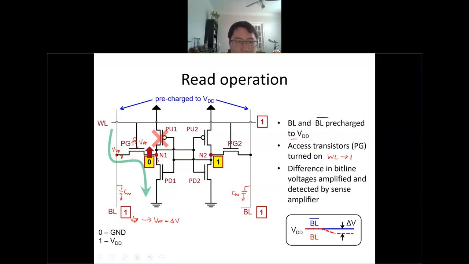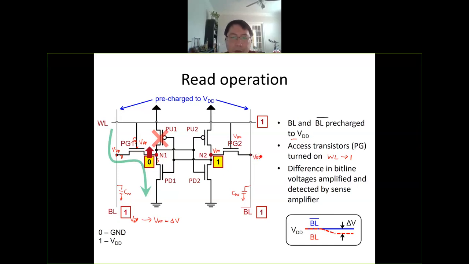So this is on the left-hand side, this N1 node. How about the N2 node here? N2 node stores 1, that means the voltage is VDD. And for pass gate 2, the voltage is also VDD at the gate. And the bitline bar is also VDD.